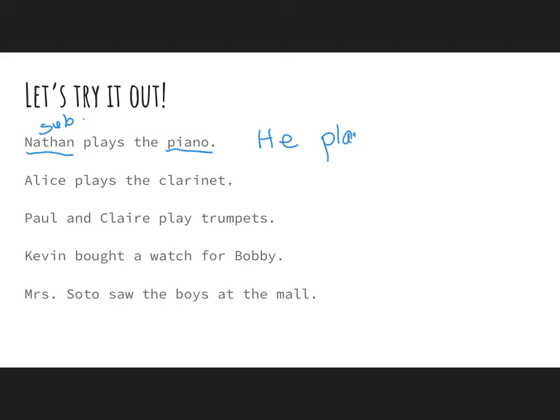He plays. Well, let's look at the direct object, the piano, because it's in the predicate part. Is piano singular or plural? It's singular. So, using your chart, you would find the pronoun that fits best, which would be it. He plays the piano. We can use pronouns: he plays it.